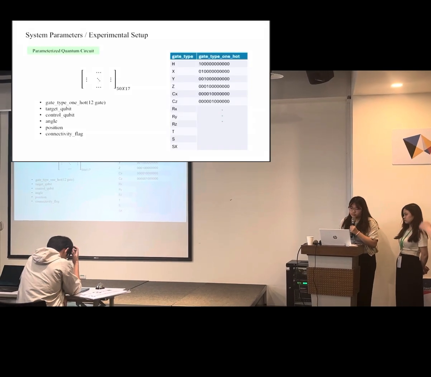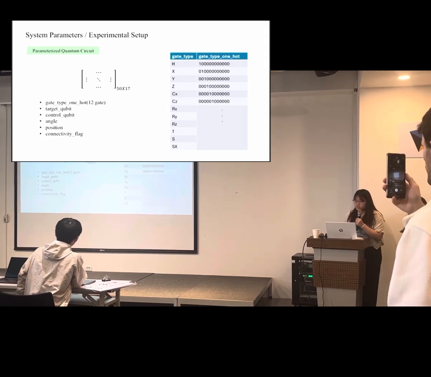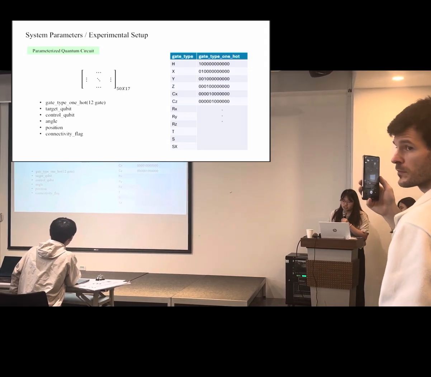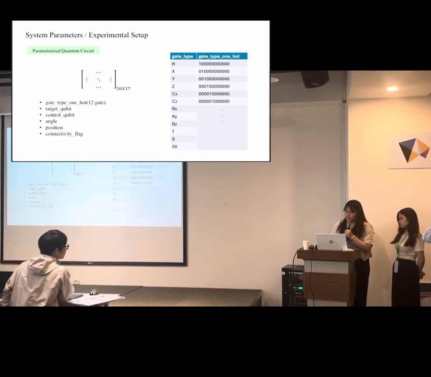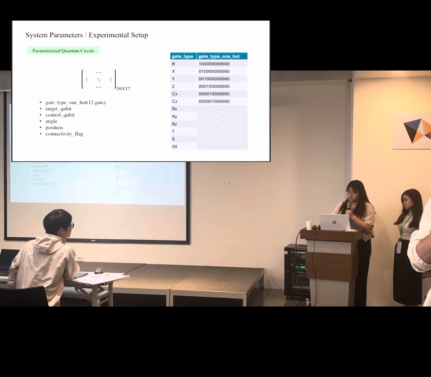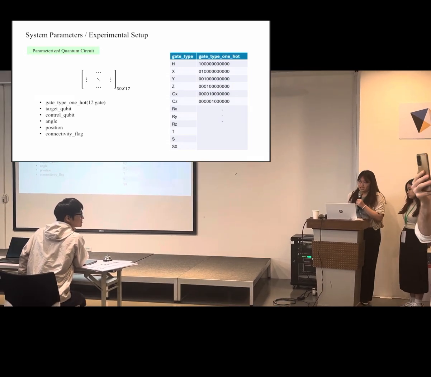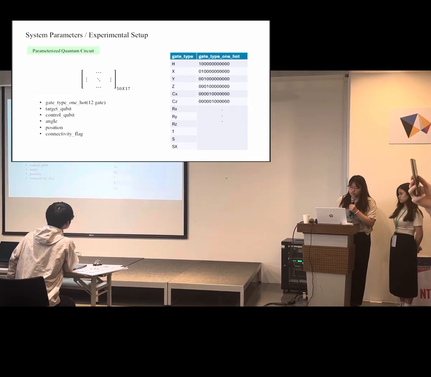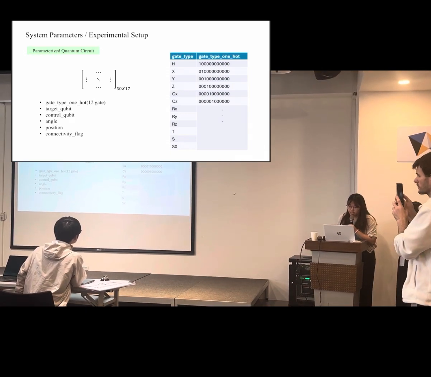The PQC in our experiment is a 50 by 17 matrix. The first 12 of the 17 columns are the gate type that we choose in this experiment, shown on the right side of the slide, and the other 5 are the target qubit, control qubit, gate position, and the connectivity.